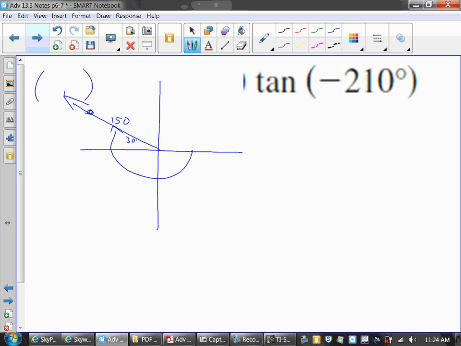So my reference angle is at 150. My ordered pair, my cosine, sine, at 150 was negative root 3 over 2 and 1/2. Tangent is y over x. Do you agree? So that means it's 1/2 divided by negative root 3 over 2.